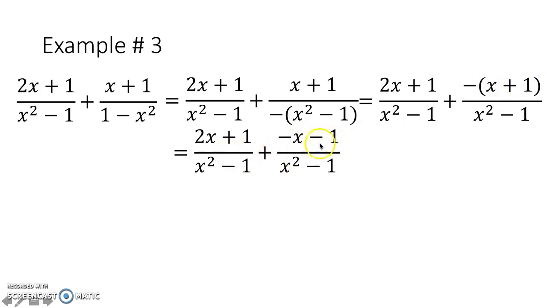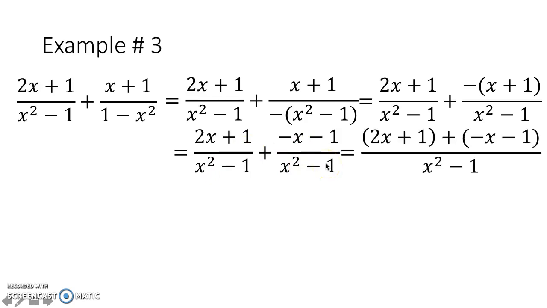Now, we can combine these two in a single rational expression since the denominators of the rational expressions are already the same. So that becomes x squared minus 1 in the denominator. The numerators are the quantity of 2x plus 1 and the quantity of negative x minus 1, separated by an addition symbol.